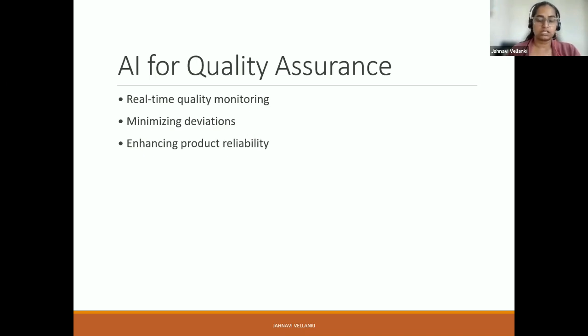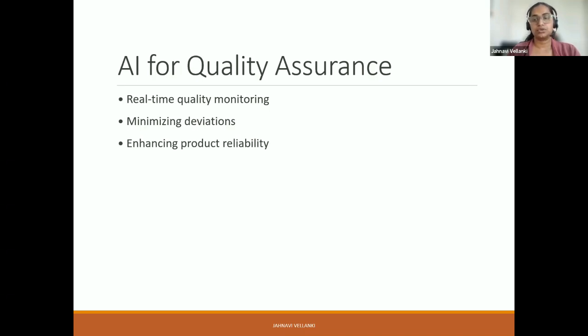AI-based quality control systems apply machine learning algorithms to identify abnormalities in real time during production. Such systems can detect even the slightest variations from quality requirements that, if a human were doing it conventionally, could have been missed, thus minimizing the probability of substandard products entering the market.